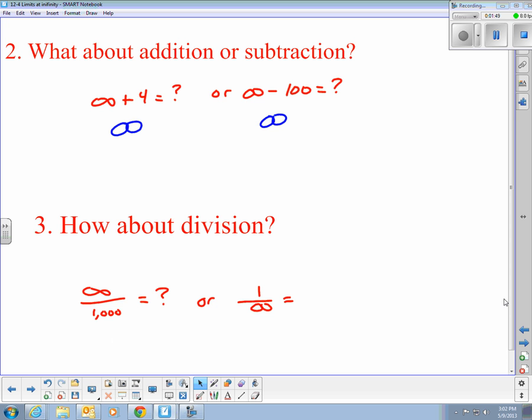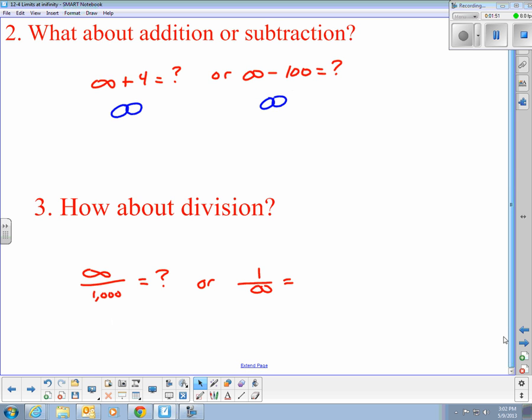Now, division, on the other hand, we have to think about a little bit. If you took infinity and divided it by 1,000 or a million or 100 million or a billion, again, since infinity is so big, dividing it by that much doesn't really change it much. It's still infinity. However, if we took any number, I chose 1, but you could choose 10, 100, 1,000, a million, anything, in the numerator, and you divide it by infinity, all of a sudden the denominator is so much bigger than the numerator.